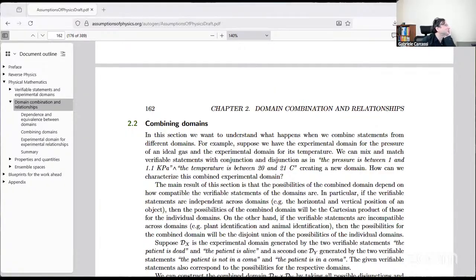Okay, so comment from the chat. Yes, it is a relevant question. Causal relationships are relative to which theory you're using. You can imagine, for example, that you have a particle and all the possible measurements of position and momentum. The relationship between all these statements depends on whether you have a classical theory or a quantum theory.